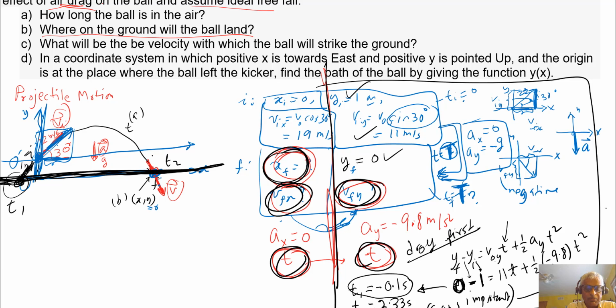So xf minus xi will be v average along the x direction times t.